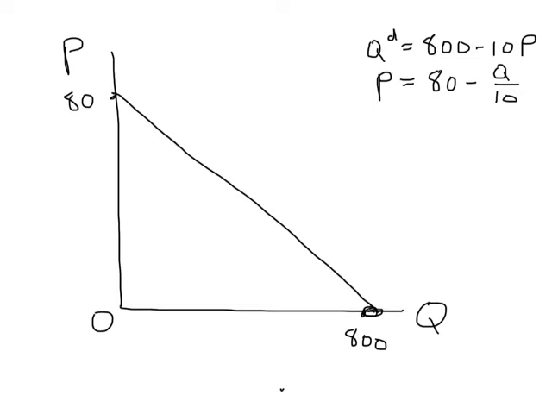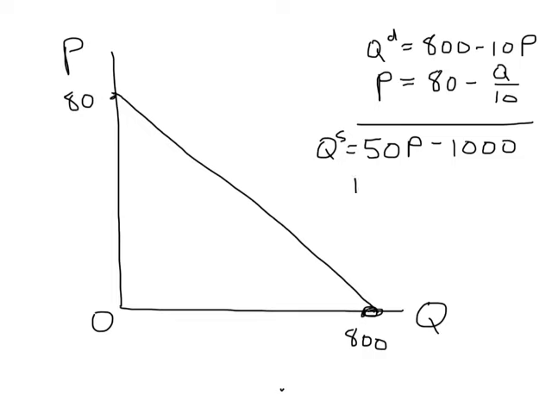And then finally, the supply curve is given by QS equals 50p minus 1000.